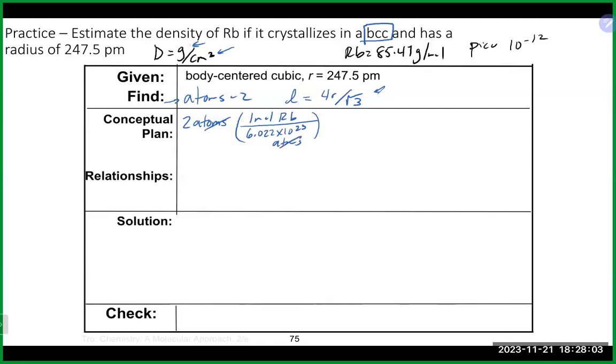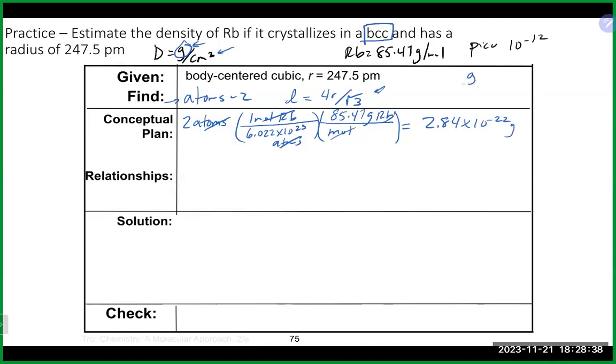We do want to get it to grams, so one more step: we want to get rid of moles. Using the molar mass from the periodic table, there's 85.47 grams of Rb in a mole. Those will cancel. So that gets us 2 times 85.47 divided by 6.022 times 10 to the 23, which is about 2.84 times 10 to the minus 22 grams.